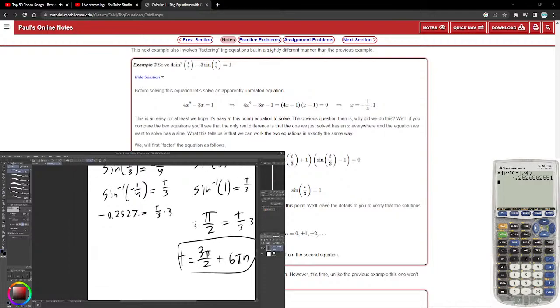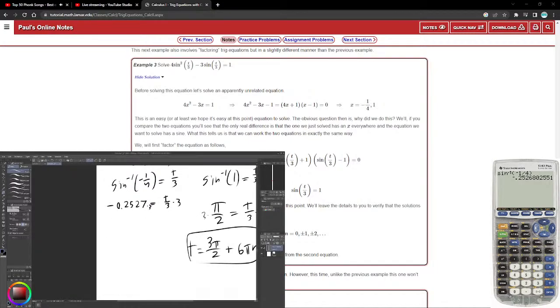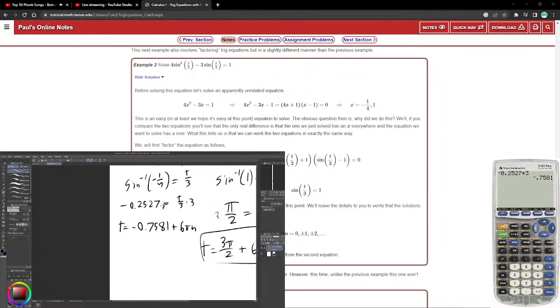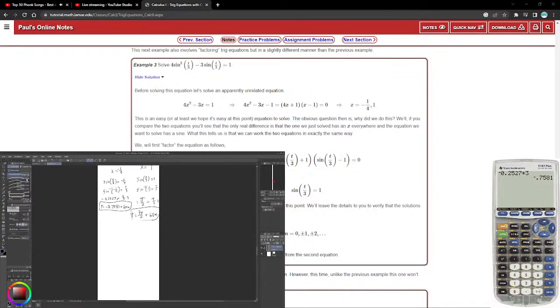Multiply by 3. -0.2527 times 3. T equals -0.7581 plus 6 pi n. So if we draw this out in the unit circle, it's a negative sine this time.